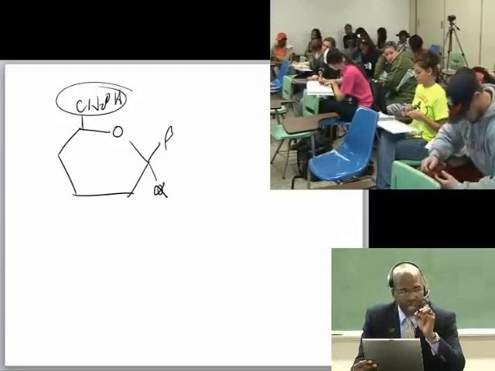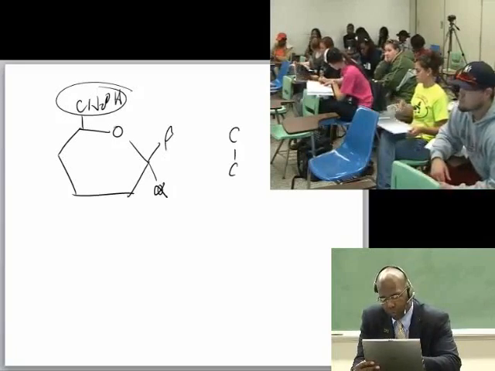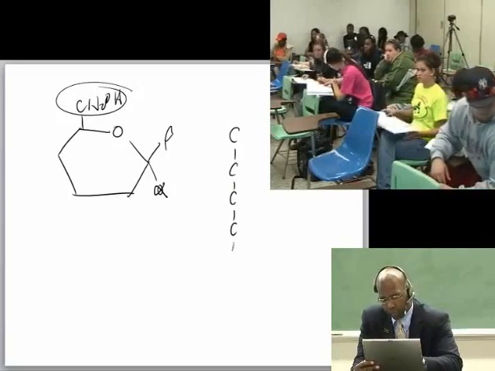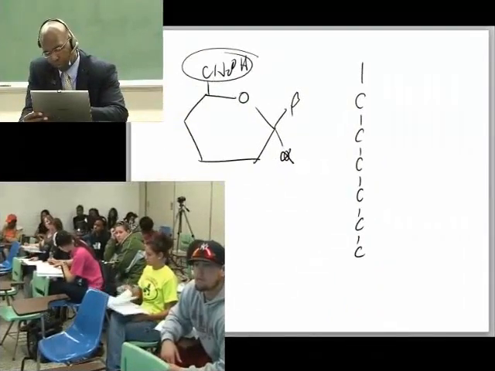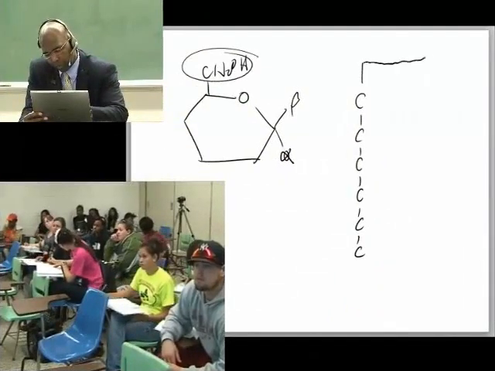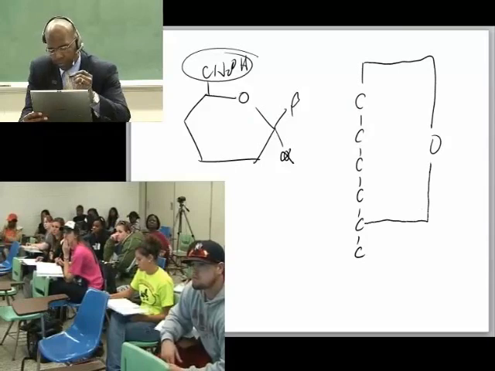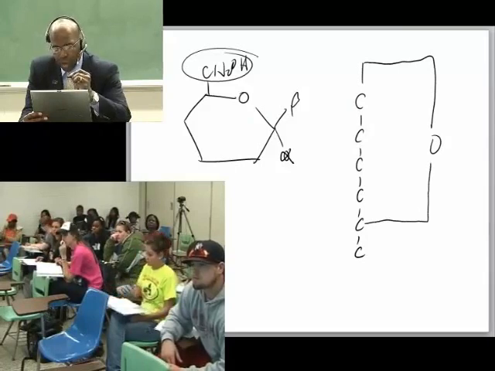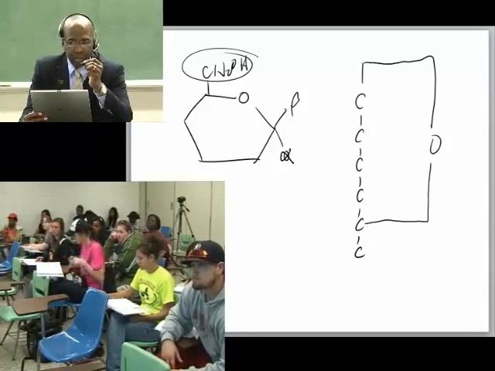Now, one question that's going to be on the test is this. What if you draw the ring form of something in the Fischer projection? That's what you should be asking about. How do you know if it's alpha or beta if you're drawing the Fischer projection?